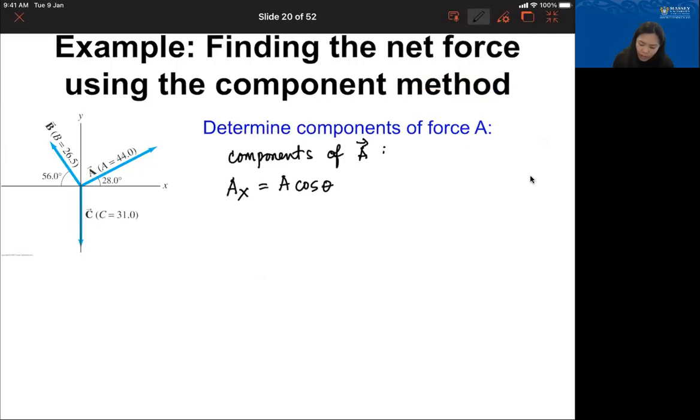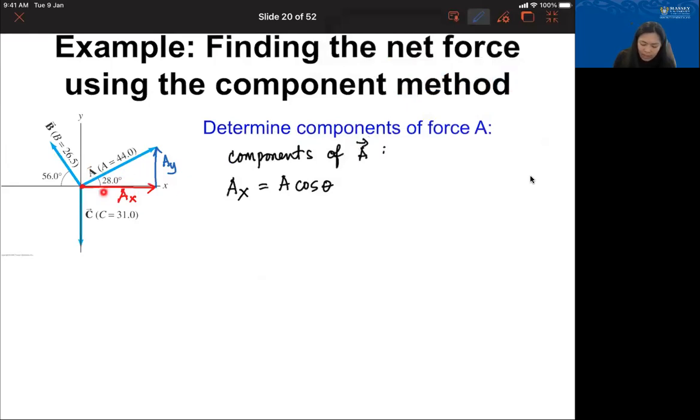So you can break vector A down into its horizontal component. Notice how you start from the tail of the diagonal vector, and you have a vertical component that's perpendicular to your x component there. We want to find these horizontal and vertical components.